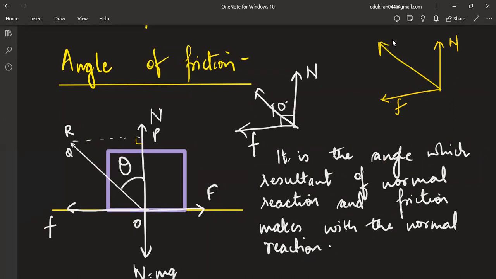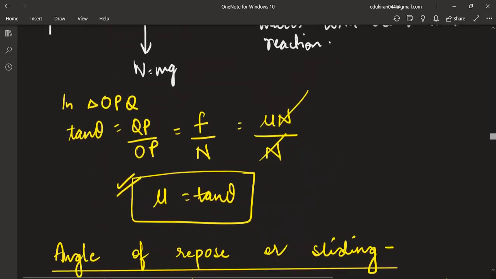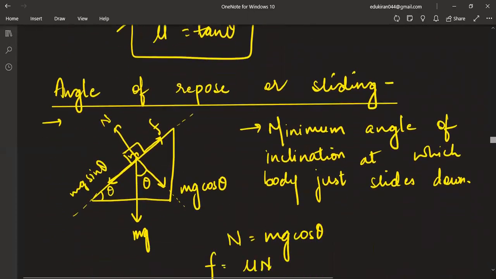It is given by the diagonal of the parallelogram, right? The angle that the normal makes with the resultant of normal and frictional force is known as the angle of friction. So it is the angle which the resultant of normal and frictional force makes with the normal.